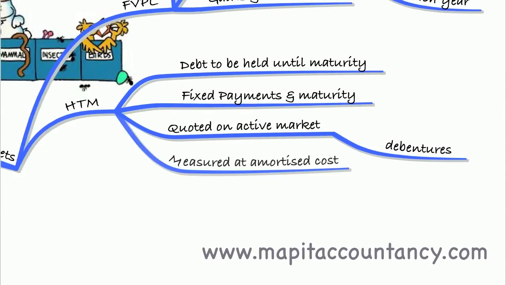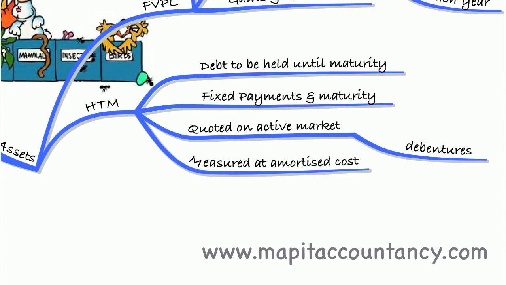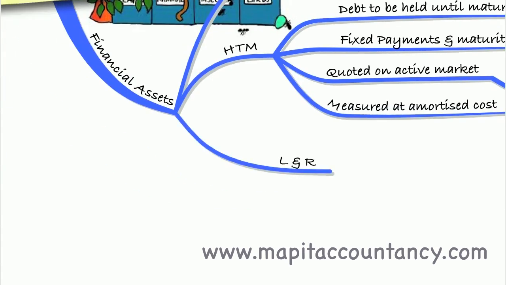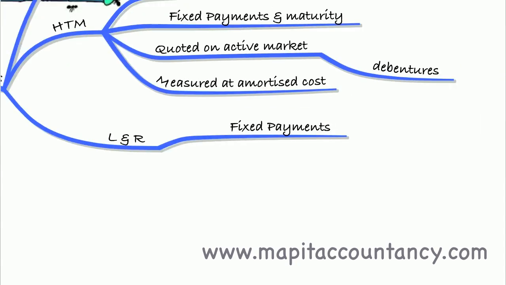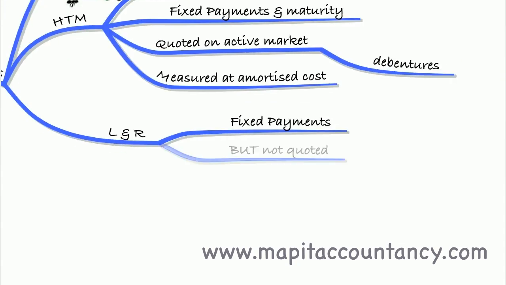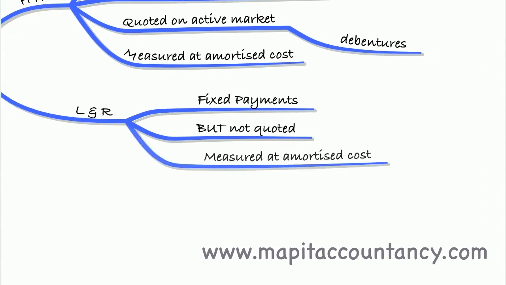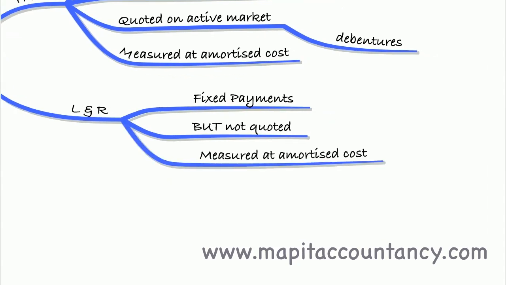And these will be measured at amortised cost. Loans and receivables are very similar to held to maturity, except they're not for quoted debentures. So these are fixed payments and maturity, but they're not quoted. And again, these will be measured at amortised cost. The only difference with those is that they're classified differently. The treatment is exactly the same.